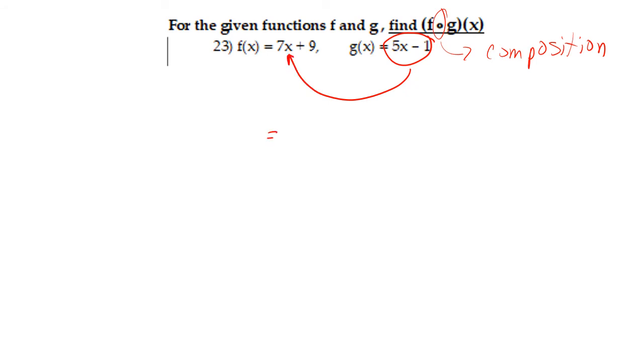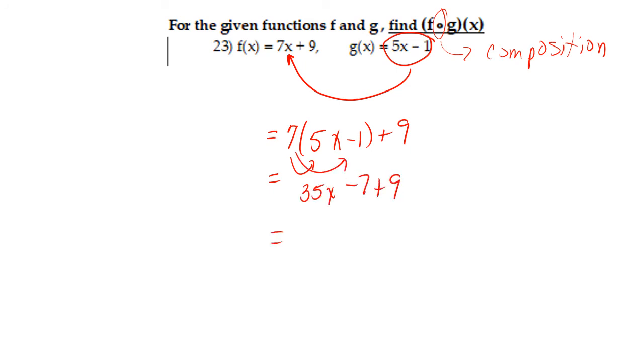So instead of f of x is 7x plus 9, it will be 7 times the second function plus 9. Now when we do this, we will distribute, and you get 35x minus 7 plus 9, and that will be 35x plus 2. Final answer. So remember, that little circle means to substitute.